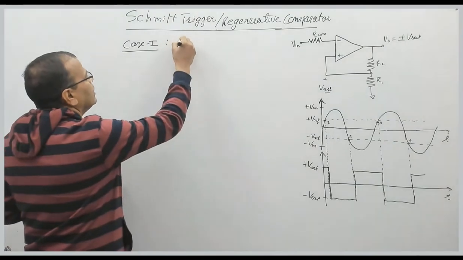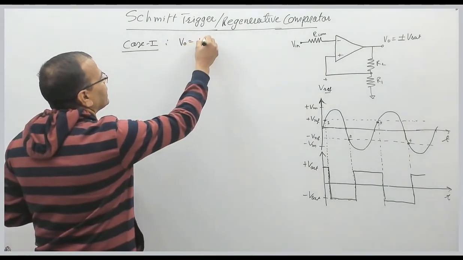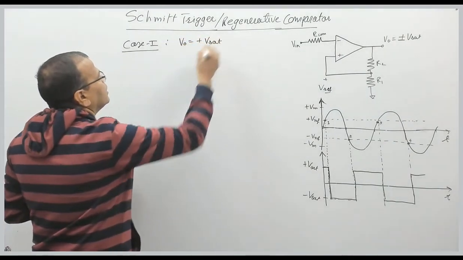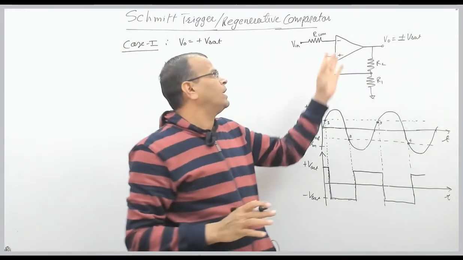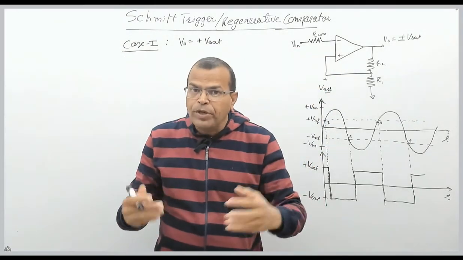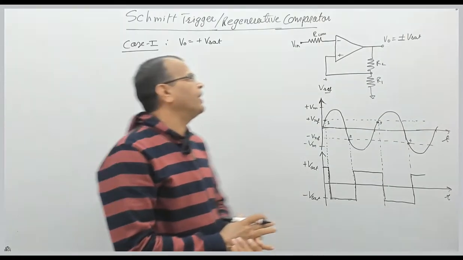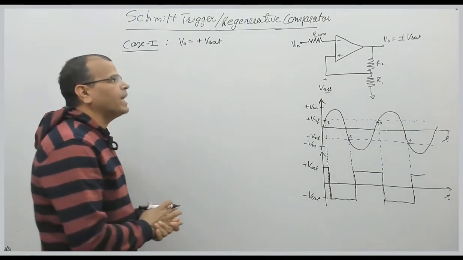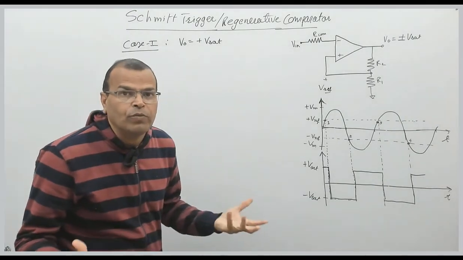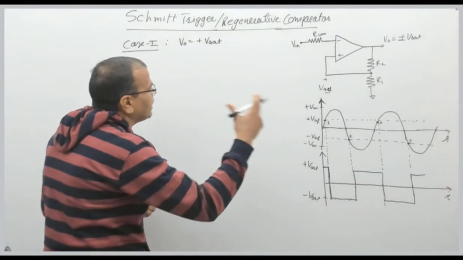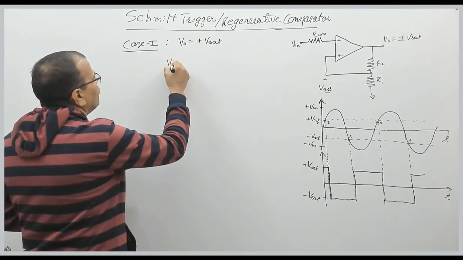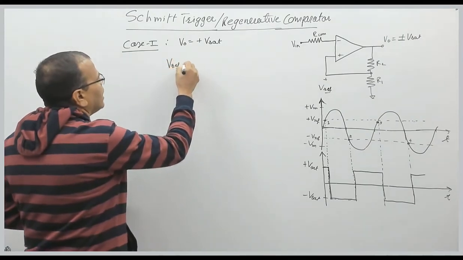In case 1, suppose output is plus Vsat. We will see what will be the combinations of input voltage for that particular output voltage, right? So when output is plus Vsat, what will be the voltage across resistance R1?